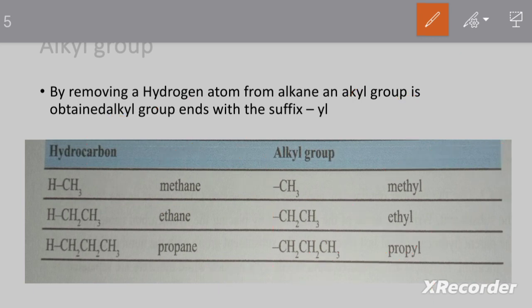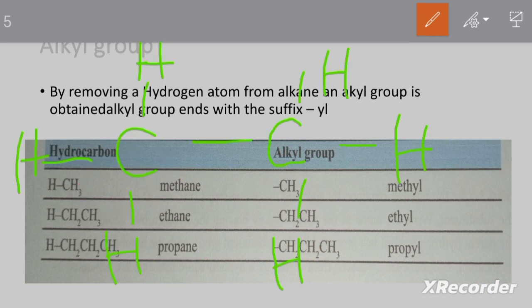We'll take another example. Here you can see there are 2 carbon atoms and only single bonds are there. So this is ethane. From this ethane, if I remove a hydrogen atom, this is ethyl, right?